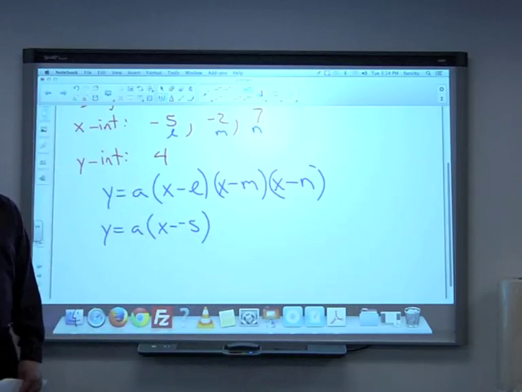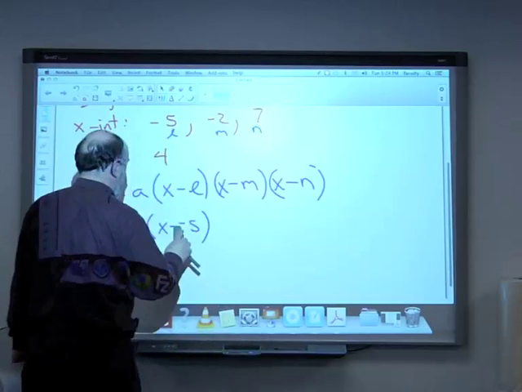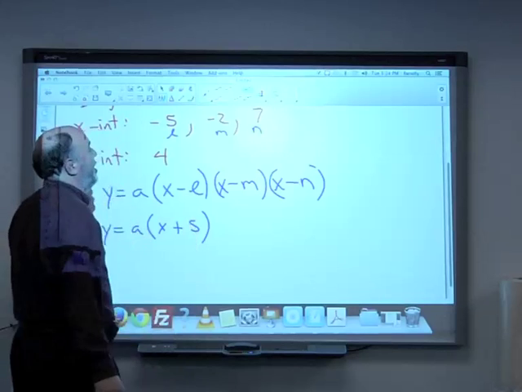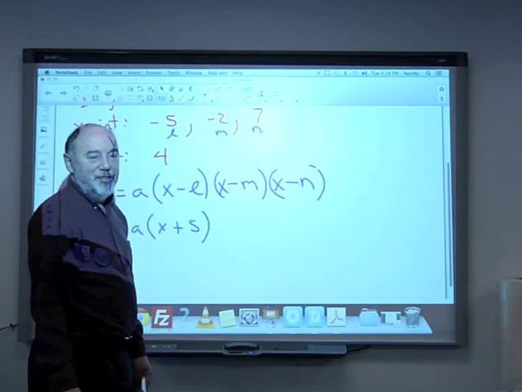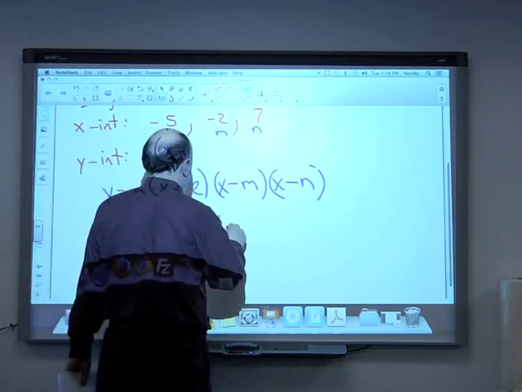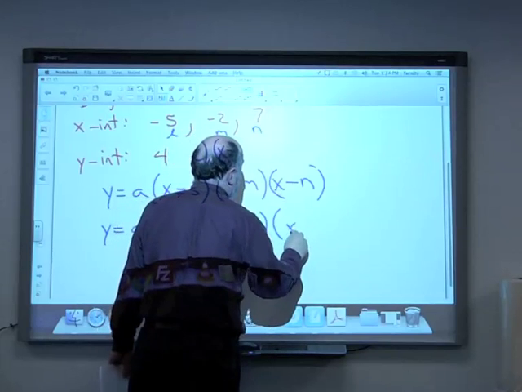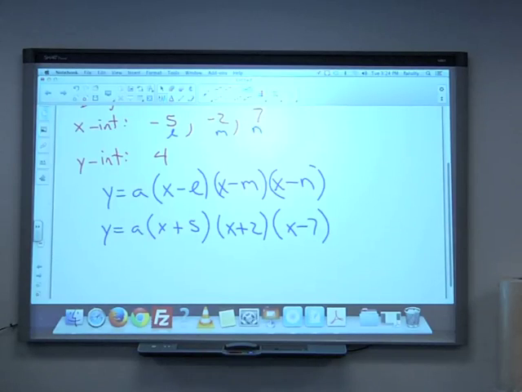But what happens when you get minus a minus? It becomes a plus, so that'll become x plus 5. The next one will be x minus negative 2, which becomes x plus 2. And the last one will be x minus 7. Everybody fine with that part?